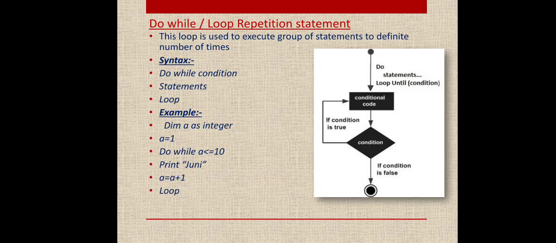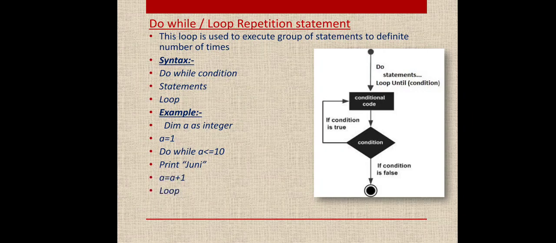And this increment is done because the first value of a is 1 and it will go to 2. 2 is still less or equal to 10, so it will again print the message Juni. The increment will make it 3, then 4, then 5, until it reaches 10. The message will get printed.